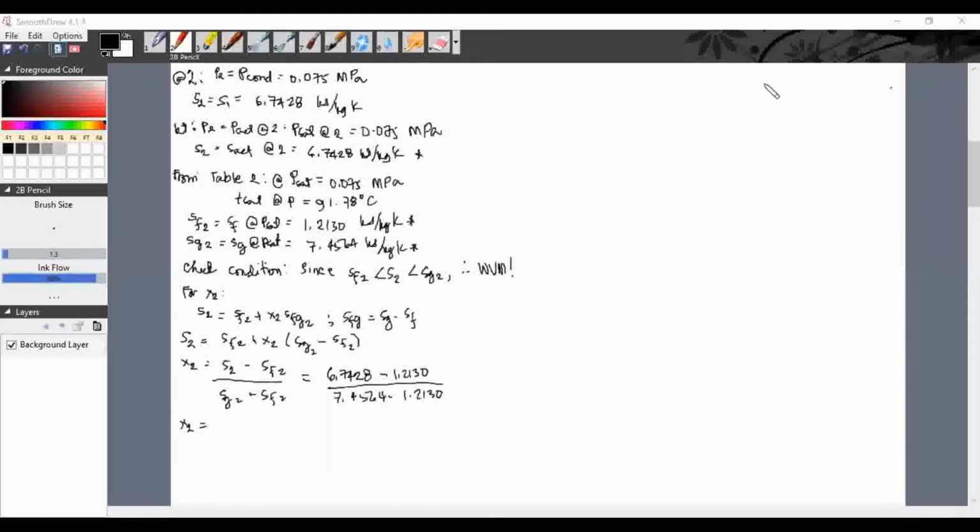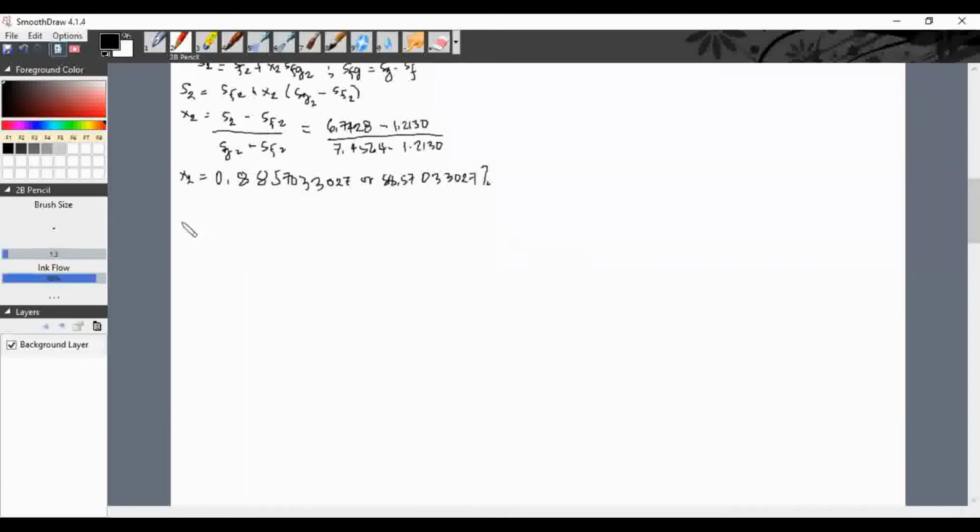So, we have X of, according sa calculator, 0.8857033027 or 88.57033027%. Okay. So to find enthalpy 2, H lang naman ang kailangan natin at point 2.